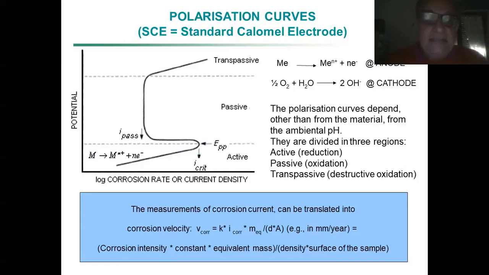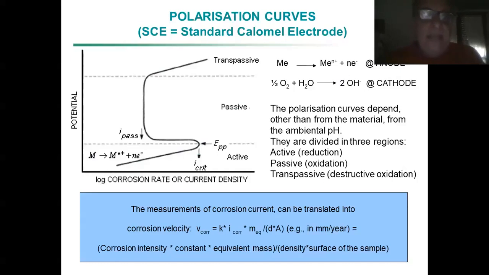So you have no corrosion up to I crit. Then you have passivation, which means that your material becomes passive, so might be prone to oxidation, definitely prone to oxidation. So a lot of the current is consumed to have this oxidation in the first place.